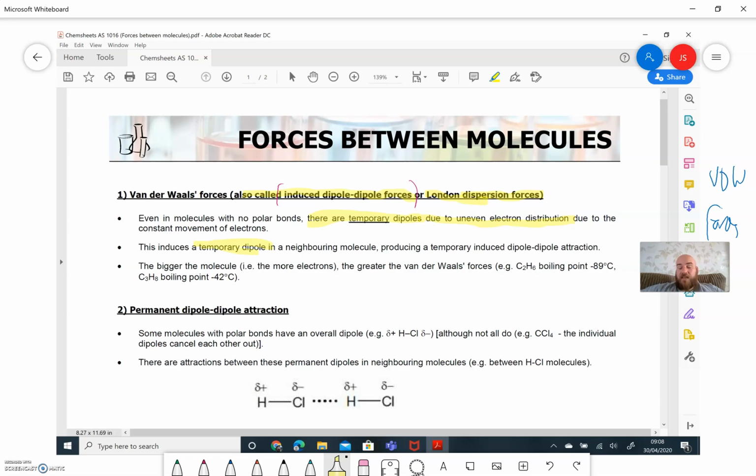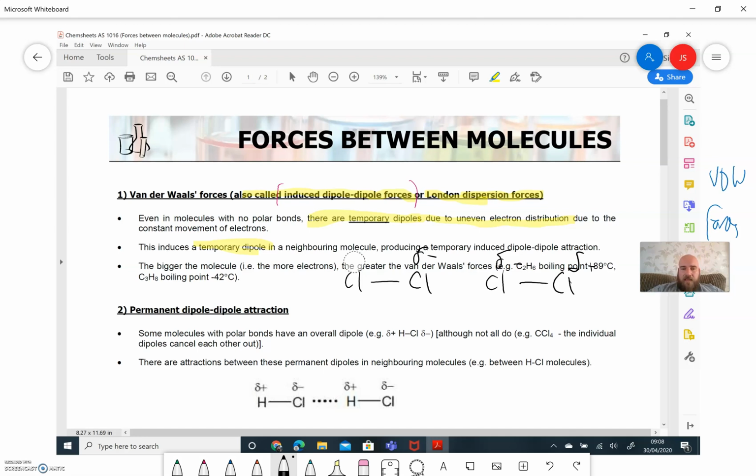So basically, you could articulate it using actual symbols. You could say it creates a dipole, or you could just write it creates this, which induces this in another molecule, and then you get an electrostatic attraction between them.